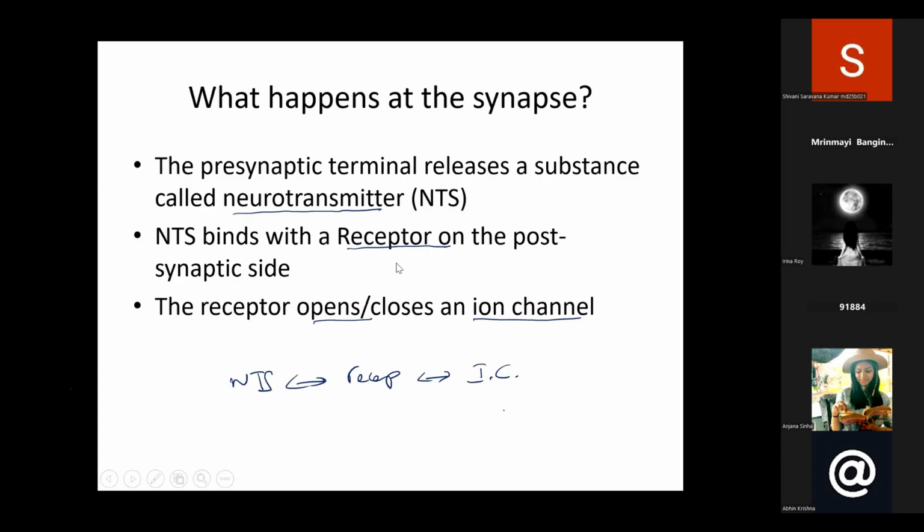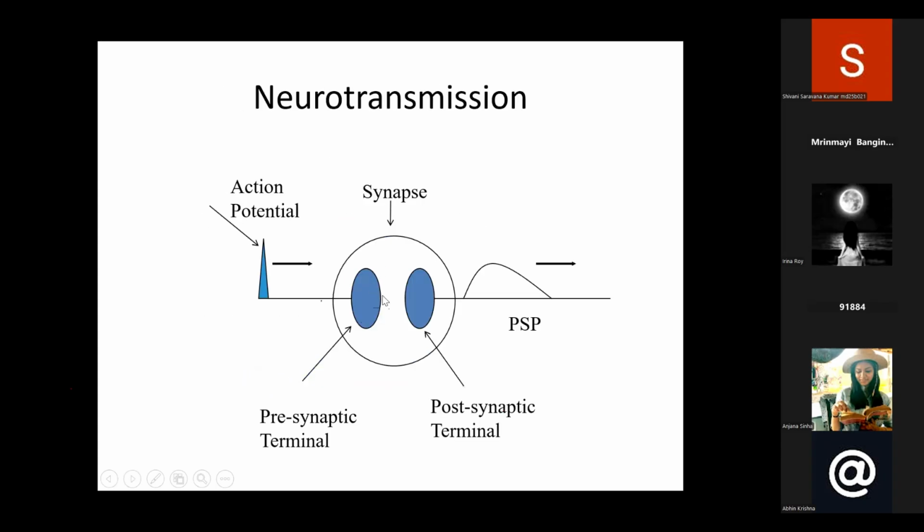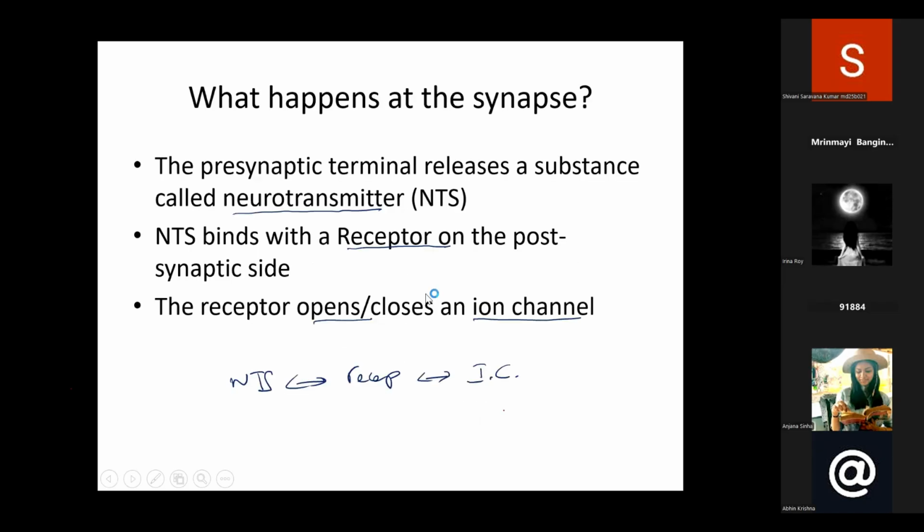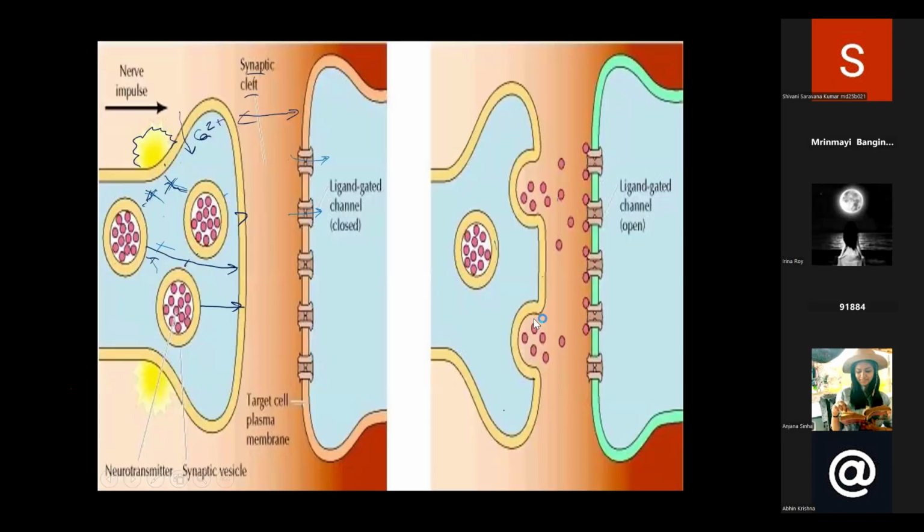Once released from the presynaptic side, it diffuses across the small gap called the synaptic cleft. On the other side of the gap, this chemical binds with a receptor, another molecule, which is typically a part of the ion channel itself. This binding event causes opening or closing of an ion channel, depending upon the type of receptor. That is shown in this picture.